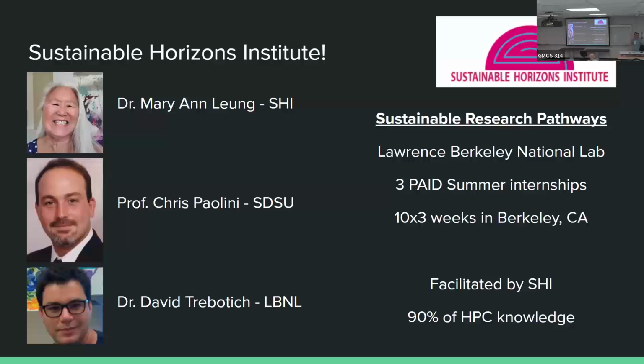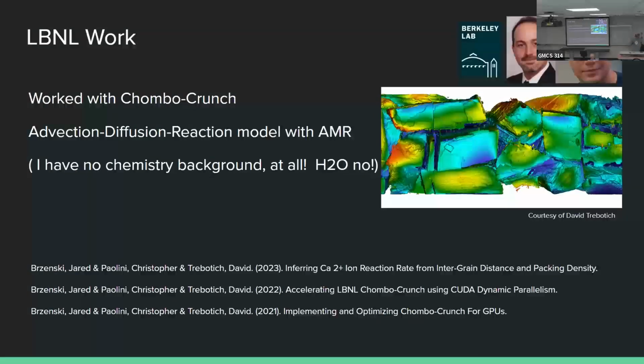But it was pretty cool. I mean, 30 weeks was a long time to spend doing high performance stuff. So I worked on Chombo Crunch, which is a convection diffusion chemical reaction solver with adaptive mesh refinement. Sounds cool, right? I don't know what half that stuff means. This is an example of what it does. This is a calcite grain, so small, tiny subpore chemical, and fluid flow over it, and you can measure the chemical reaction.